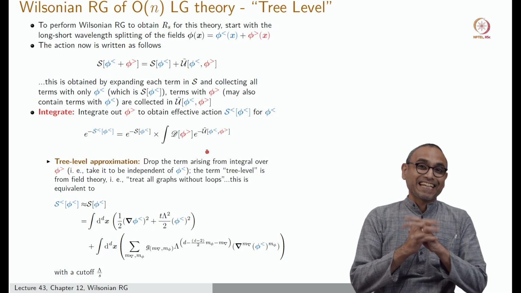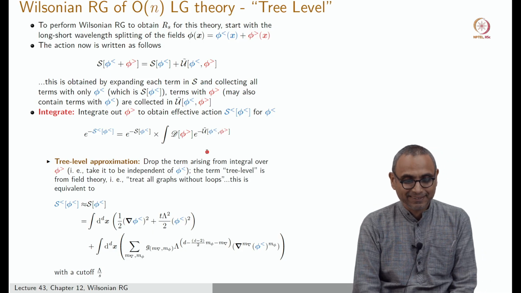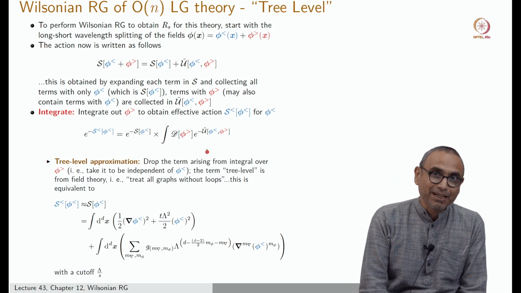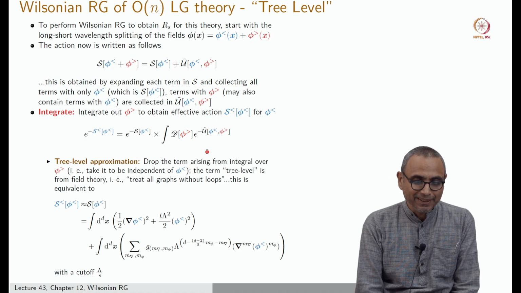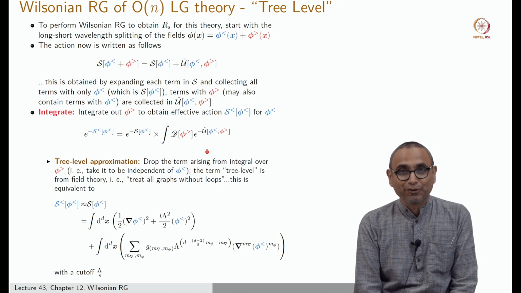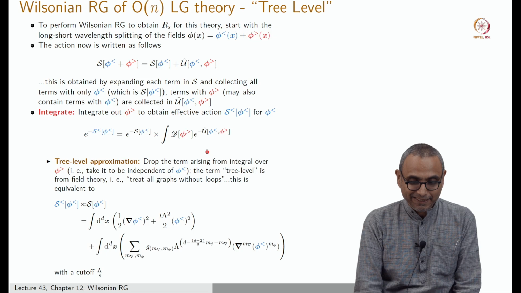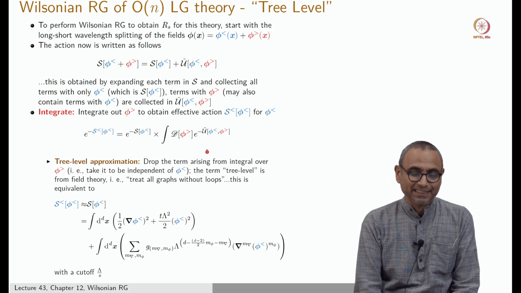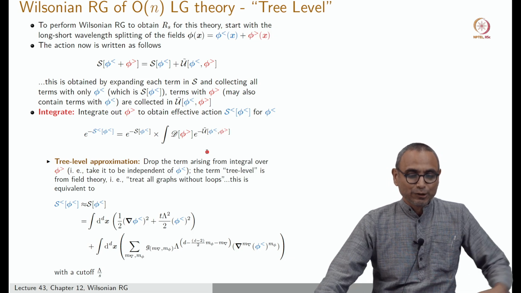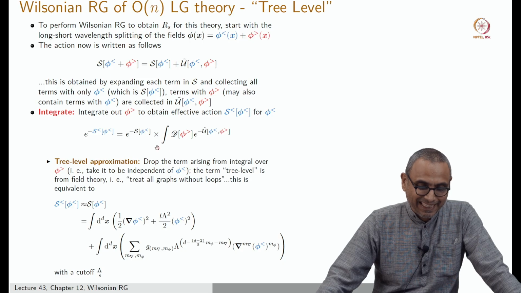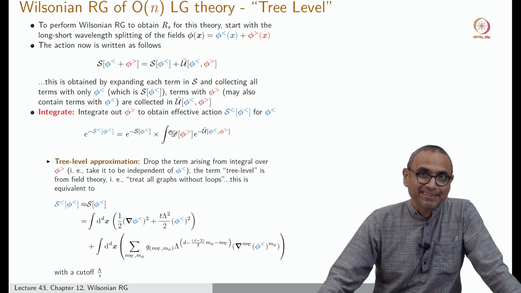So what is the tree level approximation? The tree level approximation for the renormalization group, at first sight you might think is just being lazy, but it's not quite so, because it will teach us a lot of things. It is to simply say that I am going to take this and pretend that this is not a function of phi less than at all, and that this is some constant.